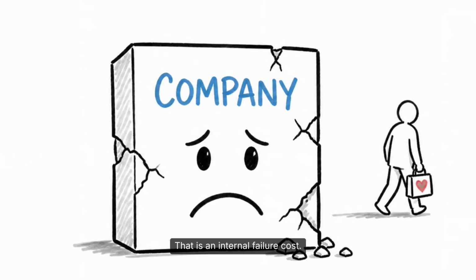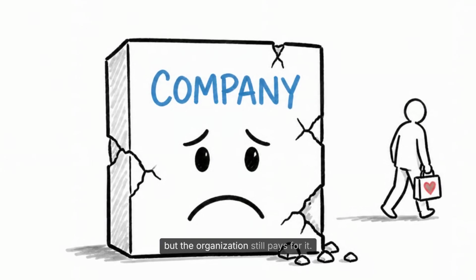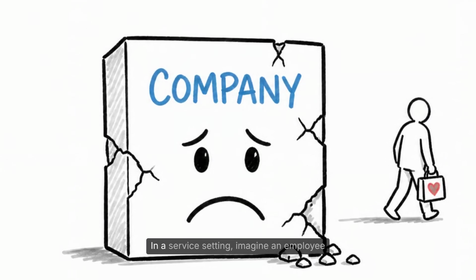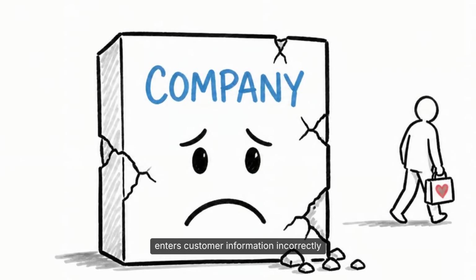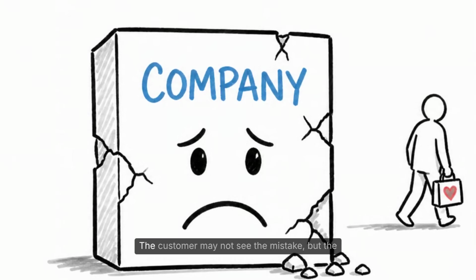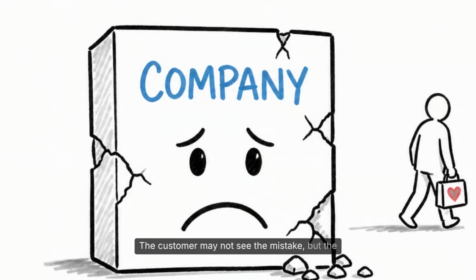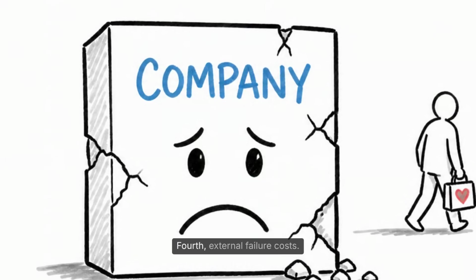That is an internal failure cost. The customer may never know about the error, but the organization still pays for it. In a service setting, imagine an employee enters customer information incorrectly, and another employee must correct the record before the account is activated. The customer may not see the mistake, but the organization has lost time and productivity.